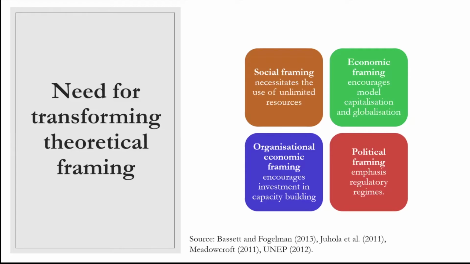If we keep on using our resources, then it is going to impact our natural resources, which is the environment. So we cannot think of only one approach. Okay, when we try to address poverty from the economic framing, then it encourages capitalization and globalization, which again has separate impacts on the system. And again, there could be negative impacts, and they are important to be understood.